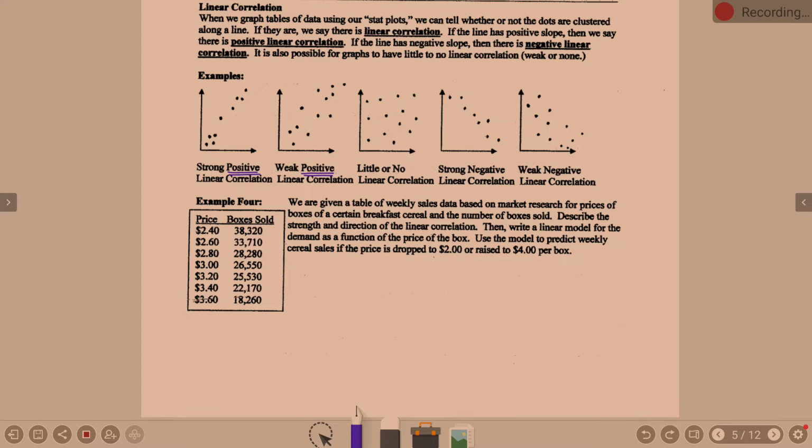Very tight around that line. In the second one, you can see the correlation. It's a little weaker because they're not as tightly clustered around the line. This middle example, when you've done scatter plots in the past, you would have just said no correlation, because the dots are just everywhere. They're not clustered around the line.